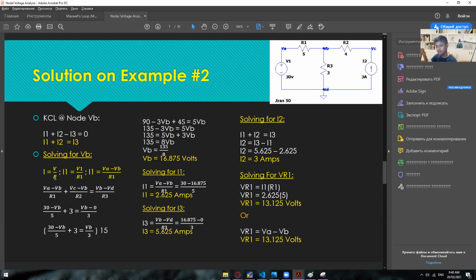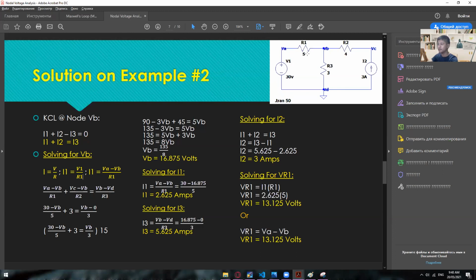Okay, so the same method. We're going to apply the formula I is equal to V divided by R. In here we're going to look for the I1 first, which is equal to V1 divided by R1, or this V1 right here is actually our VR1, or the voltage drop across R1, wherein I1 is equal to VA minus VB. So again, the same concept.